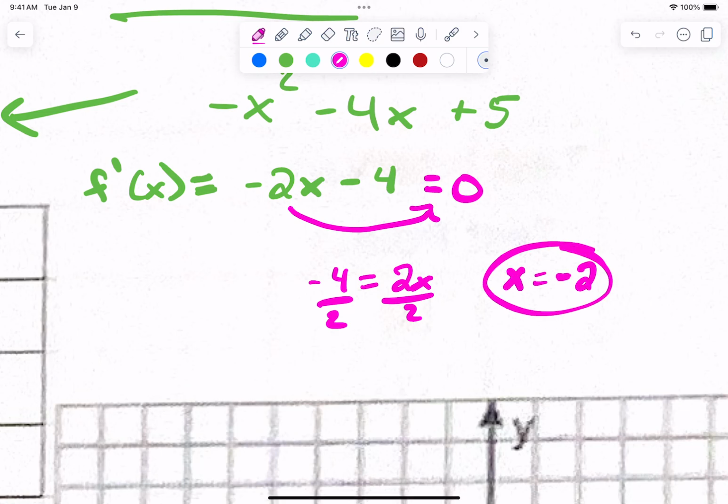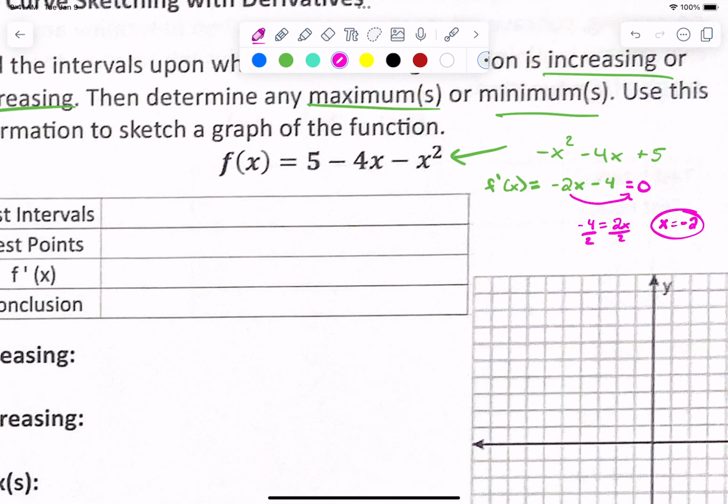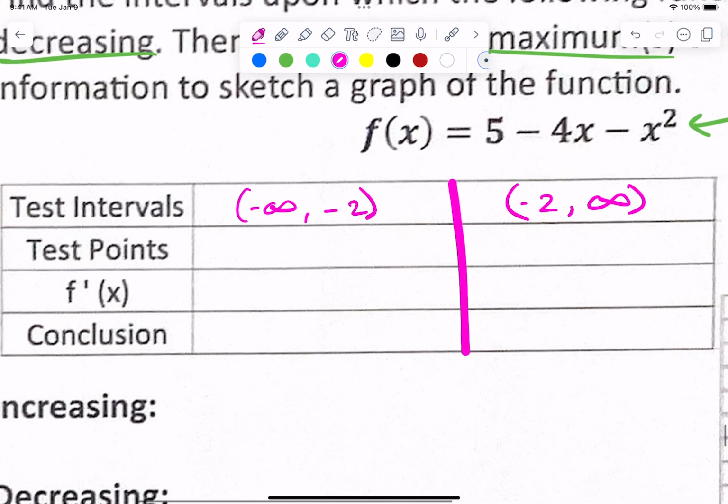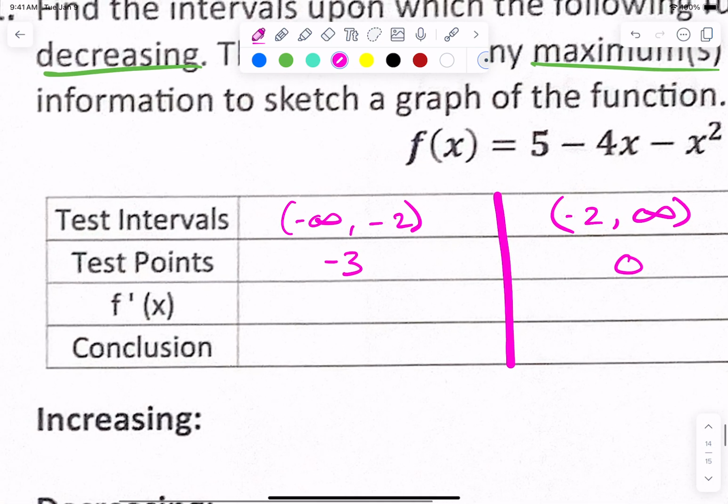From there, what do we do next? We have to do 2 test intervals. One critical number, 2 test intervals: from negative infinity to negative 2, and from negative 2 to positive infinity. Reese wants to test negative 3 and 0. Where do we plug those in? The derivative, which is negative 2x minus 4.